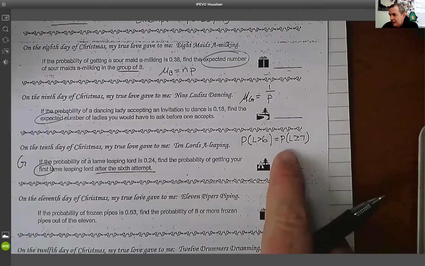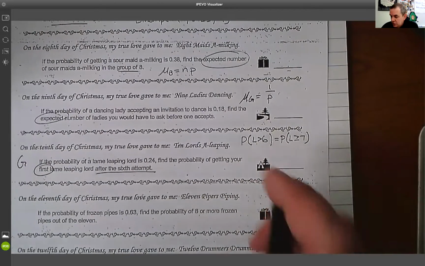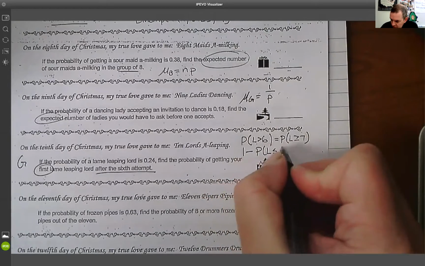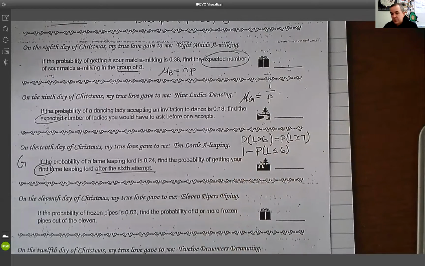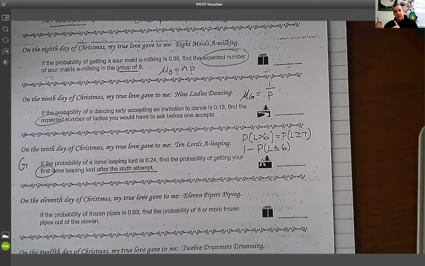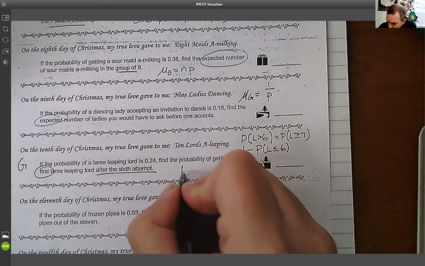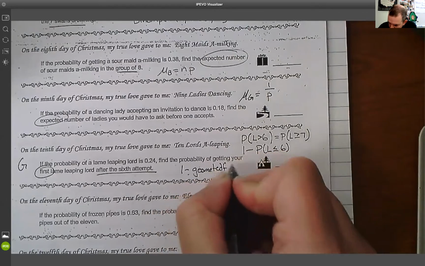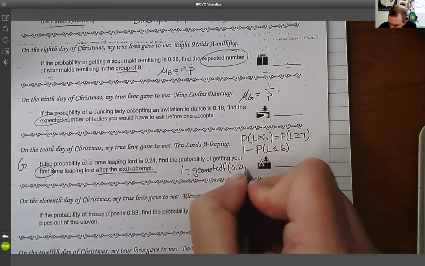But you can't do that in the calculator. What you need to do is 1 minus this, because in the geometric world, we can only look down on CDF. So this is going to be 1 minus geometric CDF of 0.24, 6.